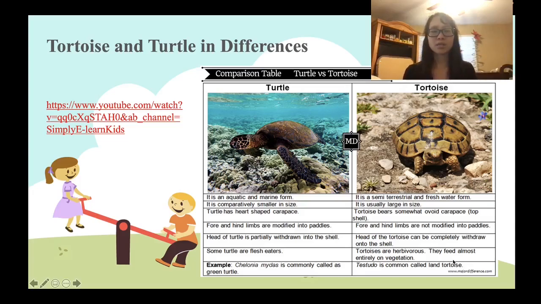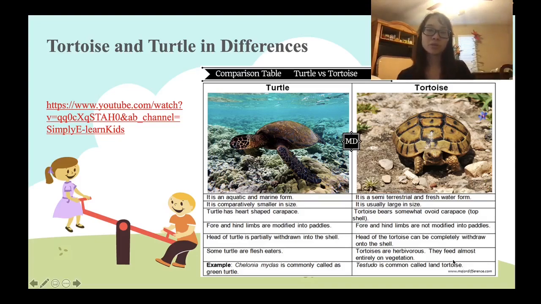For the size, the turtle is smaller, but the tortoise is larger. The turtle has a hard, sharp carapace. The tortoise has a somewhat oval carapace.